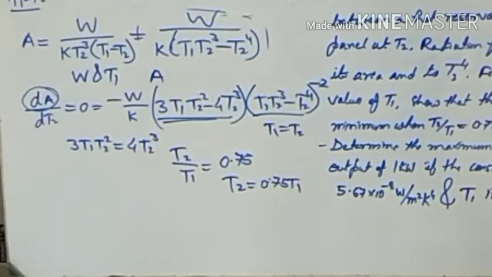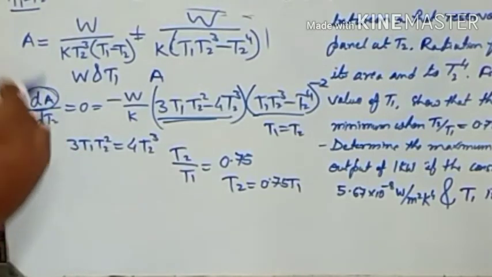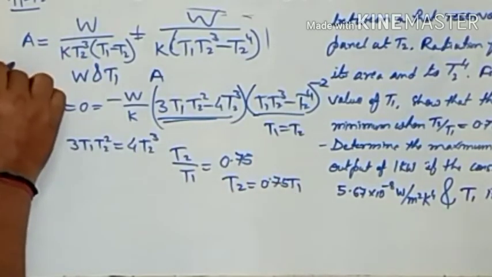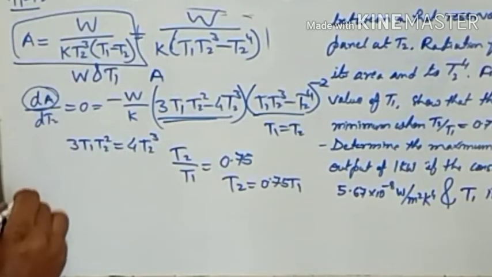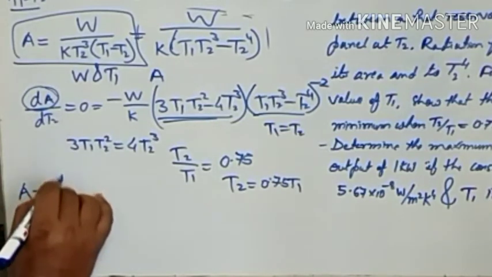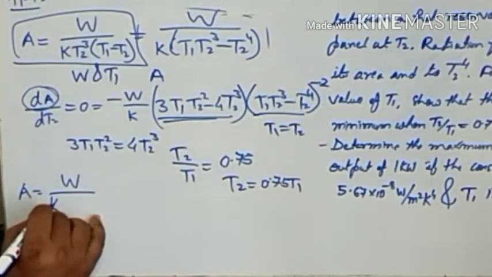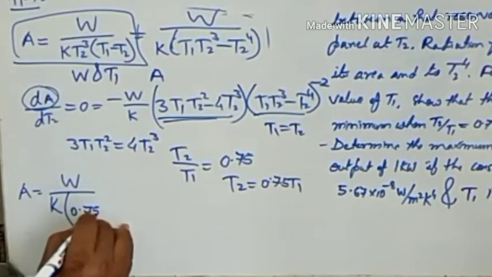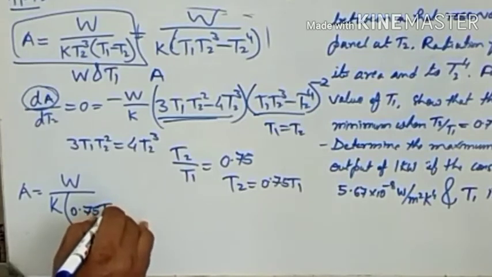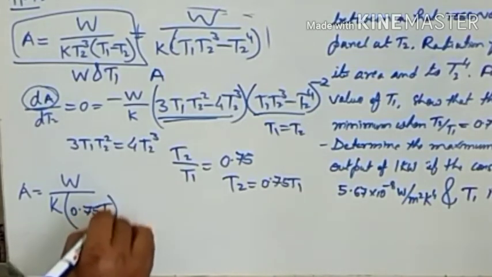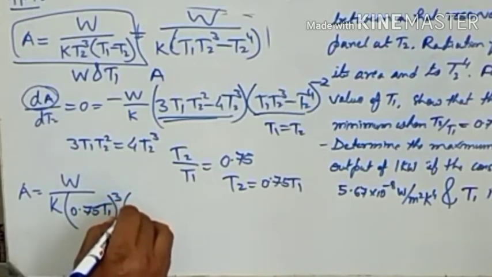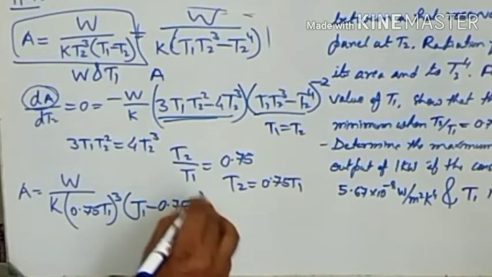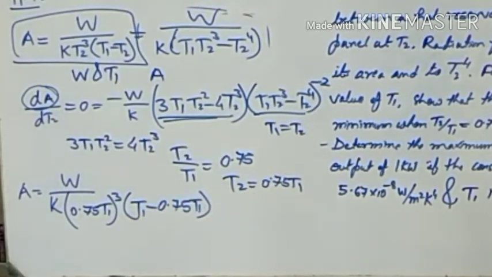To find out the minimum value of area, we'll substitute T2 equals 0.75 T1 in this equation, as area will be equal to W upon K into T2. Instead of T2 we'll write 0.75 T1 to the power 3, into T1 minus 0.75 T1, as we are substituting T2 equals to this.